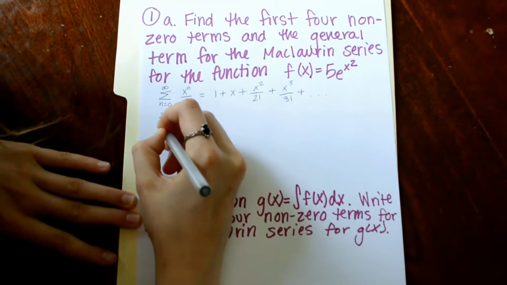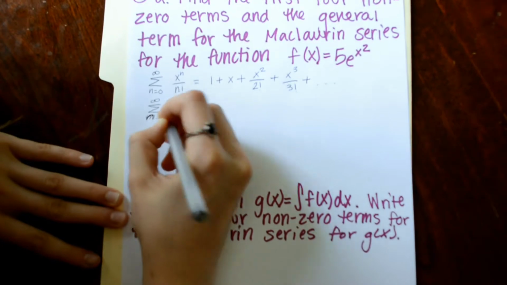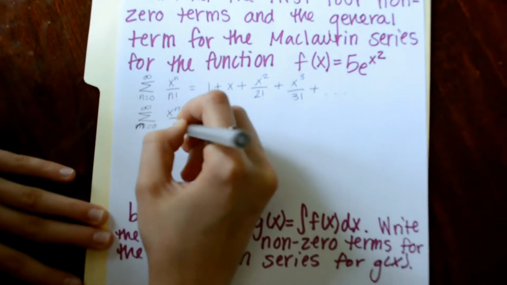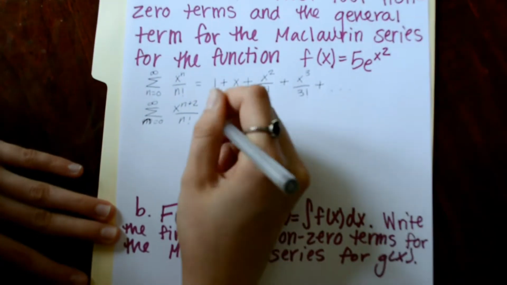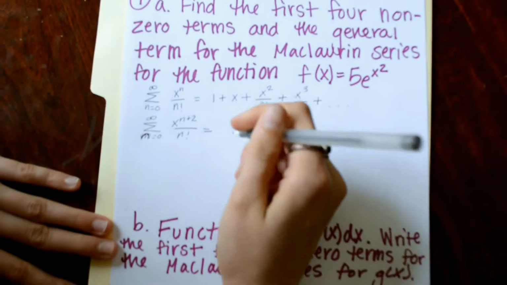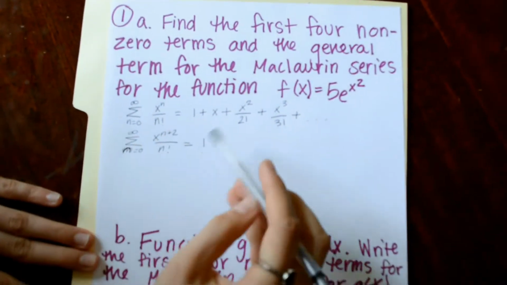So that would be something like this. That is an n, not an m, sorry. That would be x to the n plus 2 over n factorial. Since there's not an x in the first term, it's still going to be 1. Then you go through and replace each x.